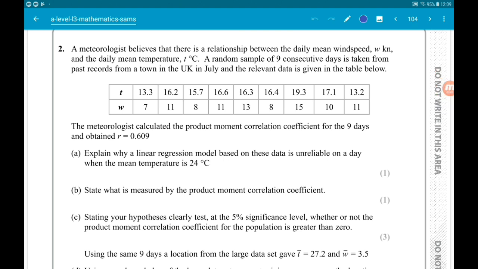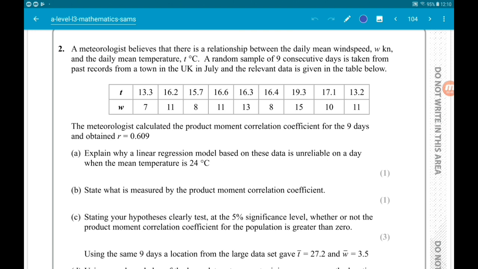Okay, part A wants us to explain why a linear regression model based on these data is unreliable on a day when the temperature is 24 degrees Celsius. Okay, so let's have a look through the table. Does the data go that high? No, it doesn't. So the highest temperature recorded in the table, I believe, is 19.3.